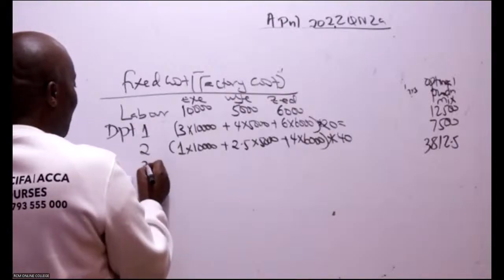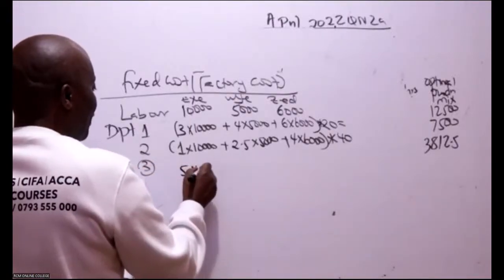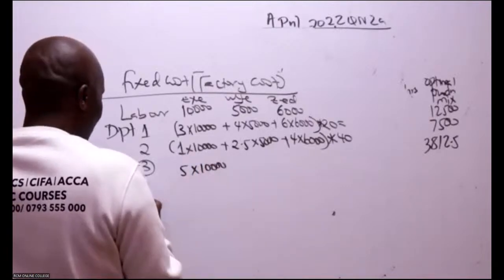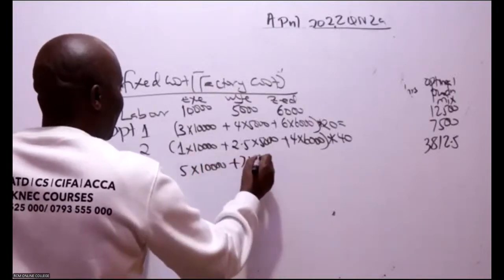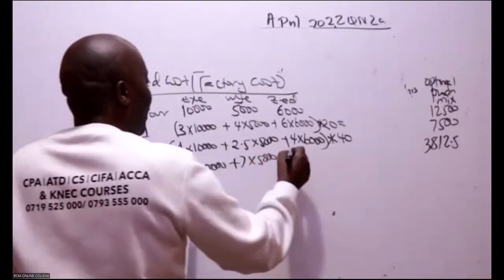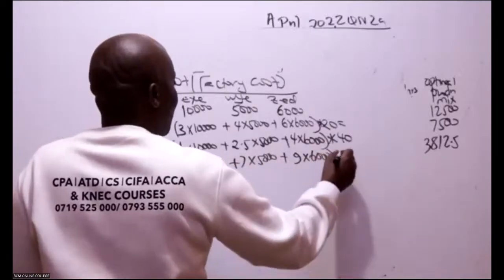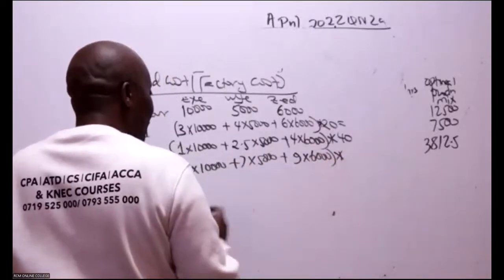And then we have Department 3. I can see 5 times 10,000, plus 7 times 5,000, plus 9 times 6,000. Whatever we get, we shall multiply by the rate in Department 3.